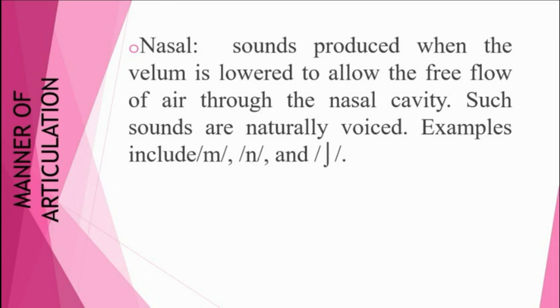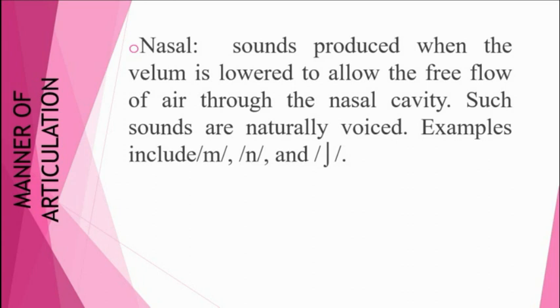So instead of allowing the air that is coming from the lungs to come out freely, it would then find its way through the nose, and that is the role the velum plays in the production of nasal sounds. So you cannot separate nasal sounds and velum. They work together. Now the examples we have here are m, n, and ng. So these are the three sounds we have under nasal sounds.